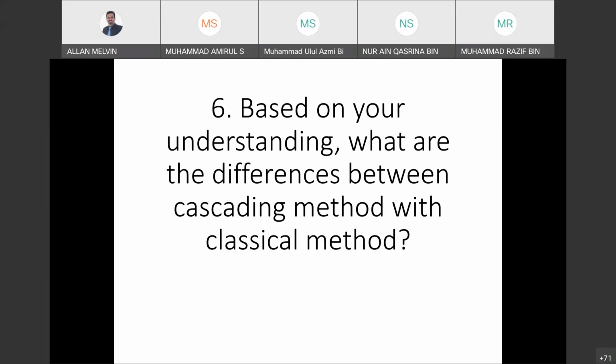Anyone else nak try? It's okay, I akan bagi answer lah. Okay, so based on your understanding, so soalan tanya based on your understanding. Okay, so the differences between cascading method and classical method. So classical method, the main differences lah between classical method and cascading method.